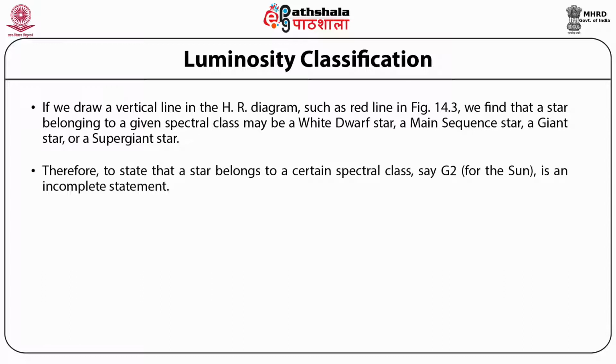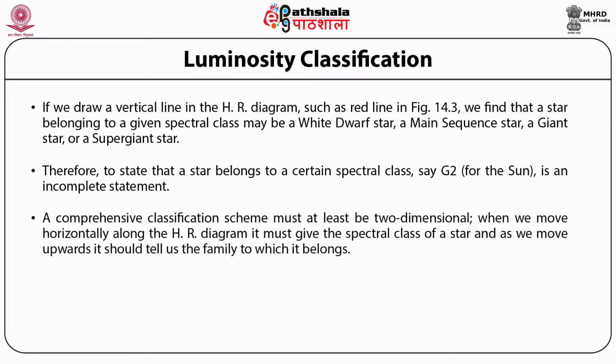Therefore, to state that a star belongs to a certain spectral class, say G2 for the Sun, is an incomplete statement. A comprehensive classification scheme must at least be two-dimensional.